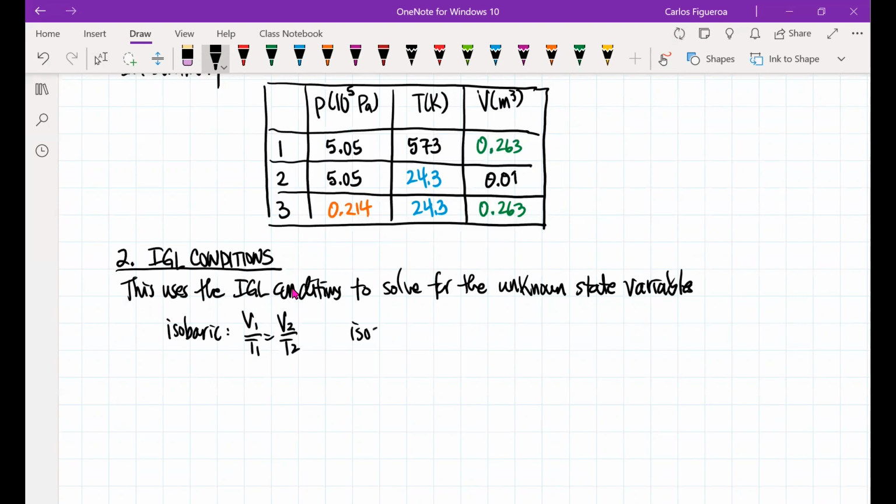If I have isochoric, this says that I have P1 over T1 equals P2 over T2, and if I have an isothermal, then that tells me that P1 V1 equals P2 V2. There are some times when you have no choice but to use these. Now, what I'm going to do here is that I'm going to set up a slightly different problem now.